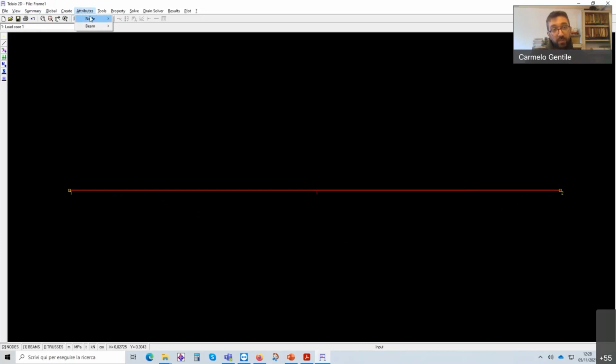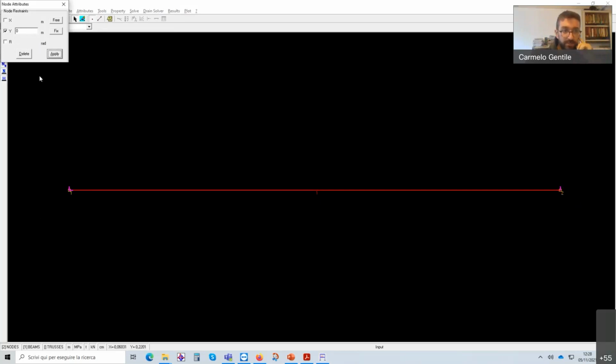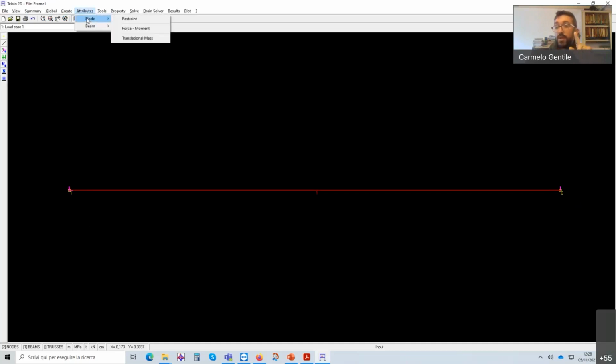We have to impose the attributes, so the restraints. In the first node, we have a hinge, right? And in the second node, a vertical roller. Then the load attribute, node, because it is a concentrated moment applied only on that node.